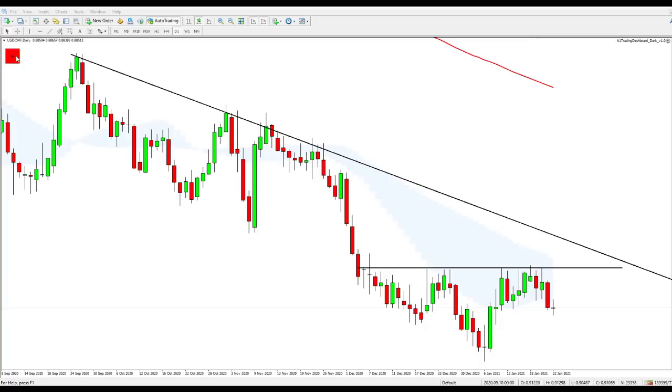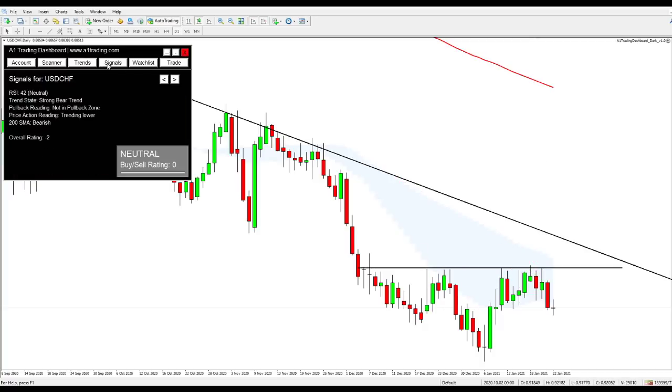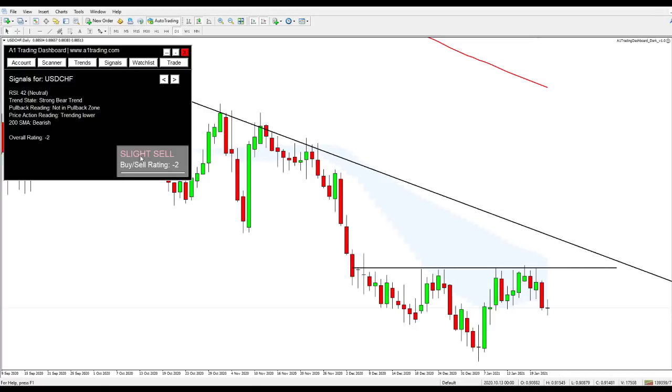In fact, if we go to the signals tab, it's saying a slight sell. What that means is you can see the evaluation that the tool gives. It's got a neutral RSI. The trend state is a strong bearish trend, which we can see from the pullback zones and the 200-day moving average. Pullback reading is that it is not in a pullback zone, it's actually outside of it.